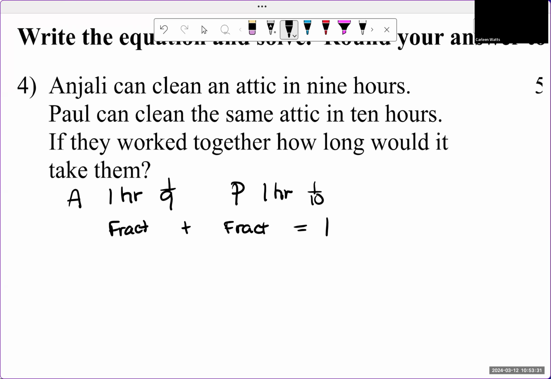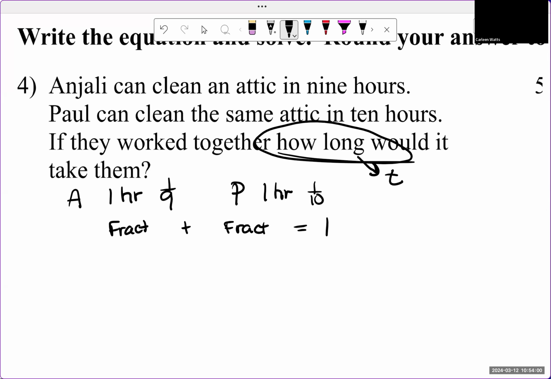Like the video you watch for the notes, where you do 1 whole job. Now, what is it that we don't know? We don't know how long. So we're going to call that what variable? We could call it X. I'm going to call it T because it's time. Doesn't matter.